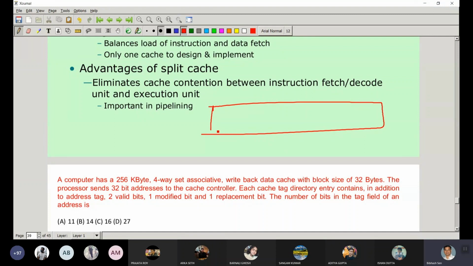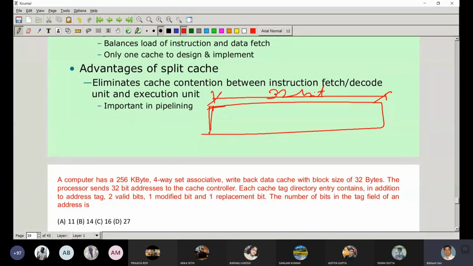The processor sends a 32-bit address. What is the size of the processor address? 32-bit. That means the CPU generates an address of 32 bits to the cache.